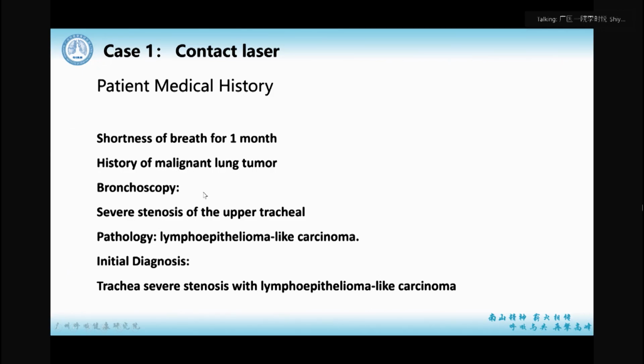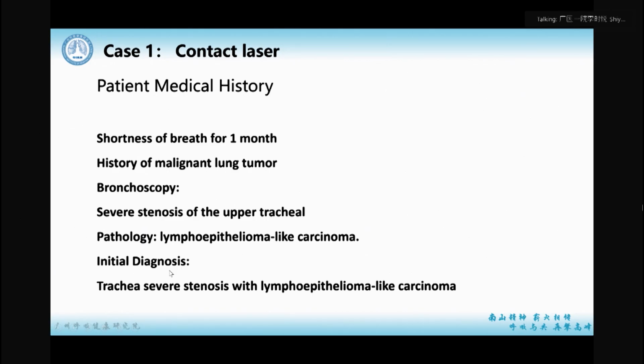So we did the bronchoscopy and saw severe stenosis of the upper trachea, and we also did a biopsy. The pathology showed lymphoepithelioma-like carcinoma.